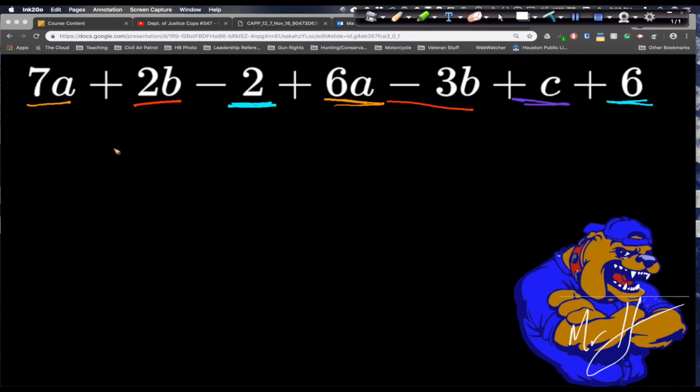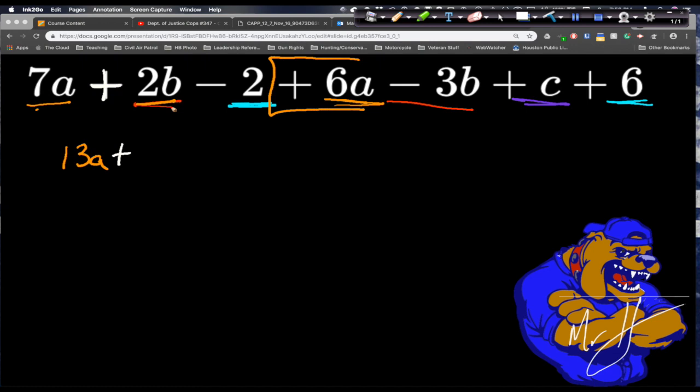So now all I got to do is go back and look at my terms. So I've got 7a, and now I'm going to use the operation preceding that term. So 7a plus 6a, well, 7 plus 6, 13a. Now I'm going to take this operation because it's my next operation, and then I'm going to look at my red.